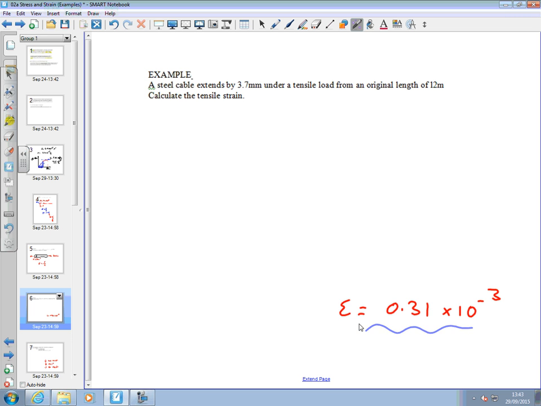If you think about what we were doing last week, we were extracting the information we know with those symbols. So if we think about the formula that's involved, strain equals x over L, where x is the extension and L is the original length. You've got that formula on your formula sheet.